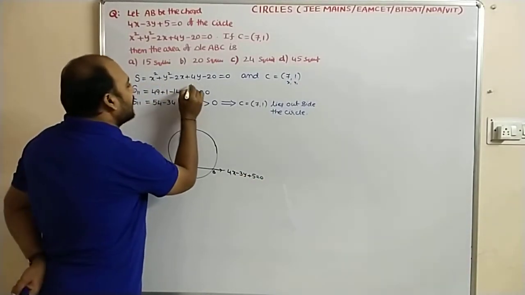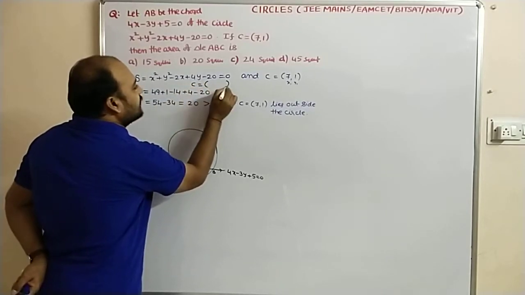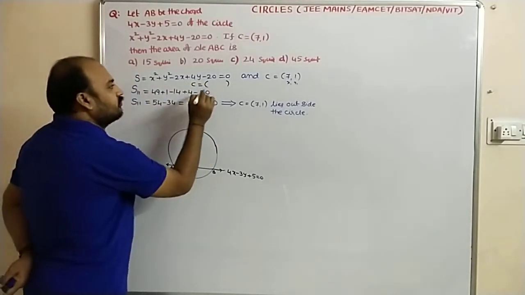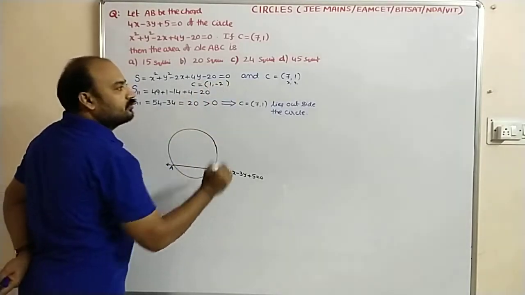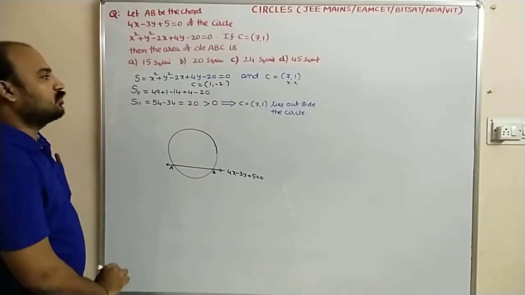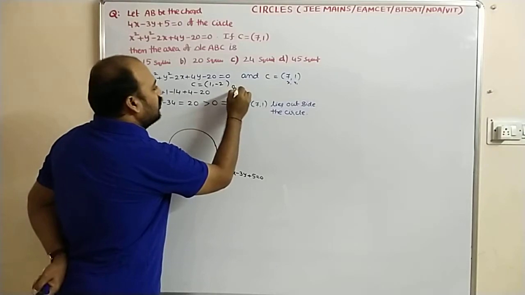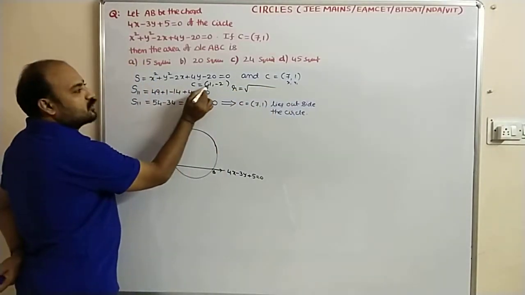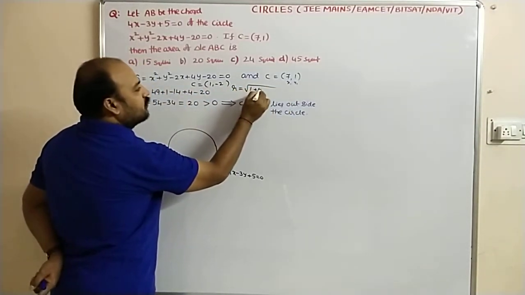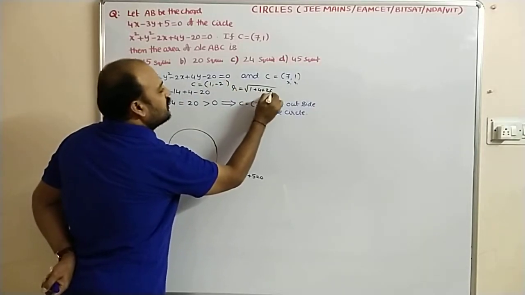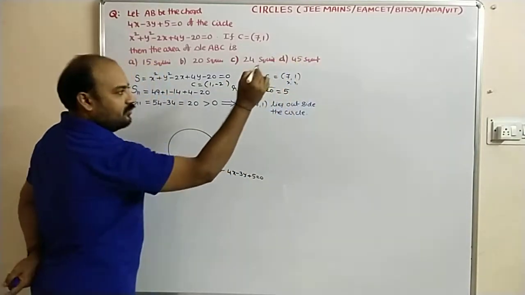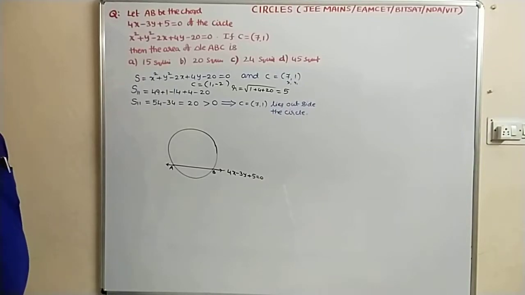The center of the circle is minus x coefficient by 2, minus y coefficient by 2, so 1 comma minus 2. And calculate R also. The radius of the circle R is equal to the square root of g square plus h square minus c: 1 plus 4 minus of minus 20, root 25, which is equal to 5. The radius of the circle we also got.